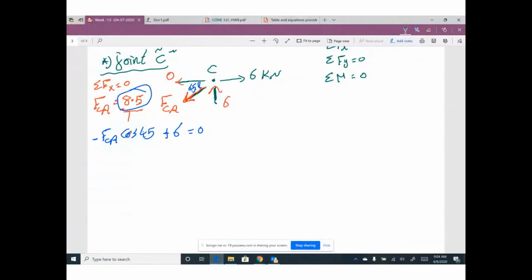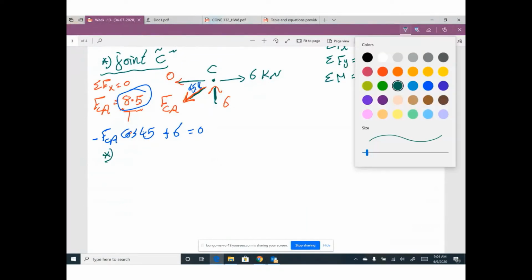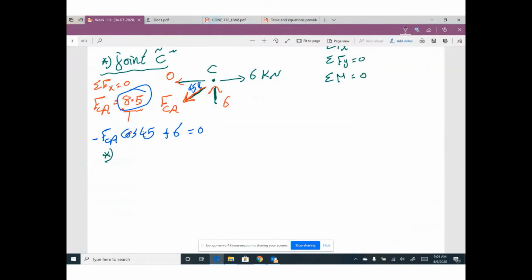Second step, go ahead and remove every load from your truss. That means your truss looks like this, without any load.